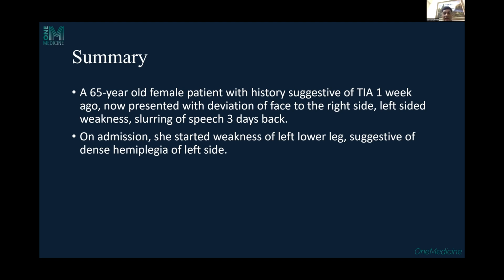For this one-sided weakness, what is your anatomical localization? Where all can it be in this stroke? It can be at the cortical level because it's an upper motor neuron lesion. Cortical, in the premotor area, sir.